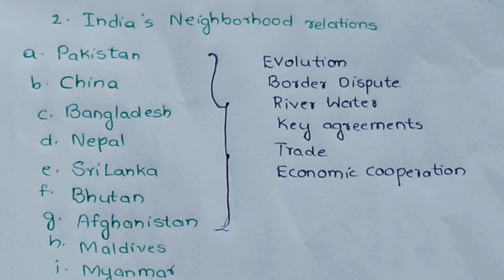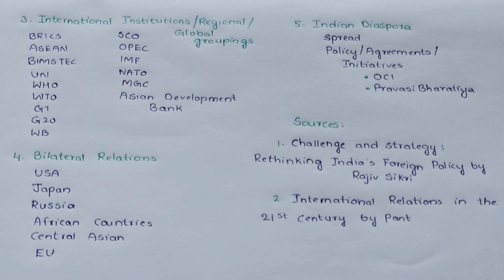And after that, the next thing is you have to immediately learn about international institutions or global or regional groupings. So here the regional or global groupings are nothing but BRICS, ASEAN, BIMSTEC.